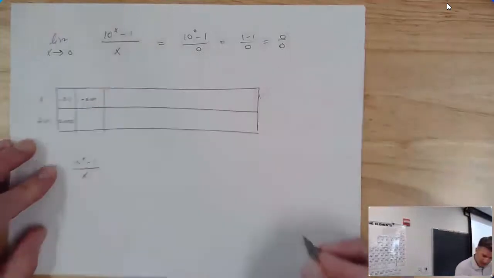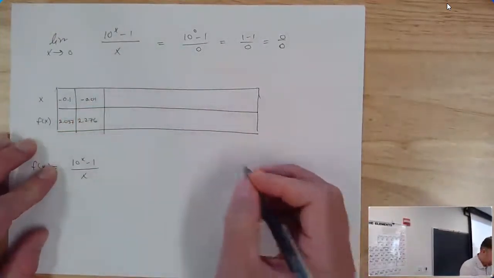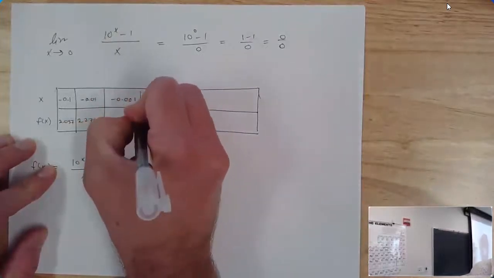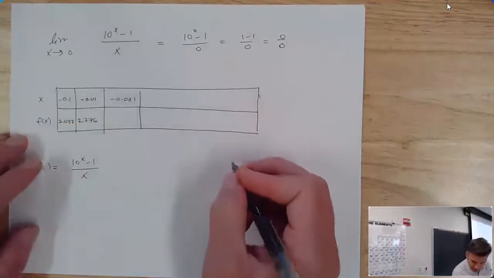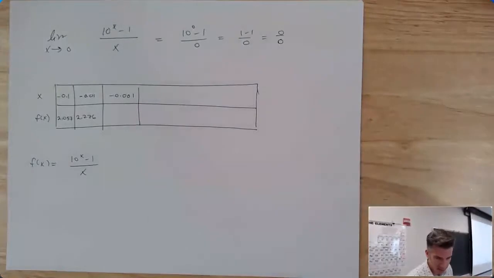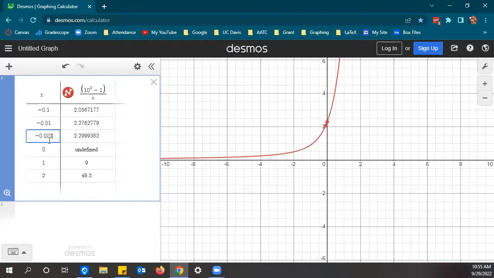Plugging in that value, we got 2.276. Plugging in one more negative value, if we go to negative 0.001, we're getting approximately 2. That looks wrong. Let's plug it in Desmos because I don't believe that value is correct that I've written down. Negative 0.001, 2.299. Yeah, that 9 looks like a 2.